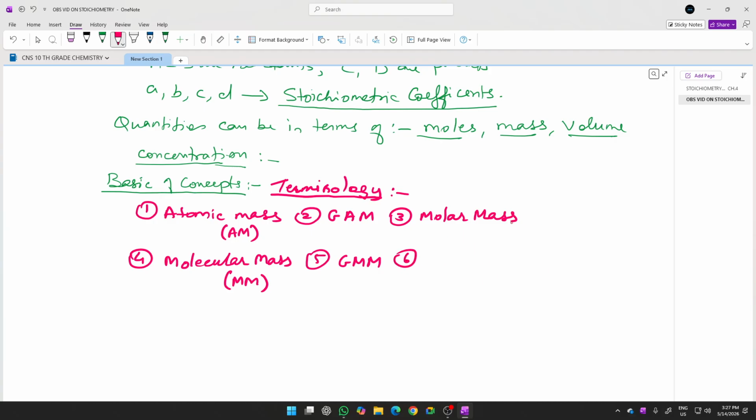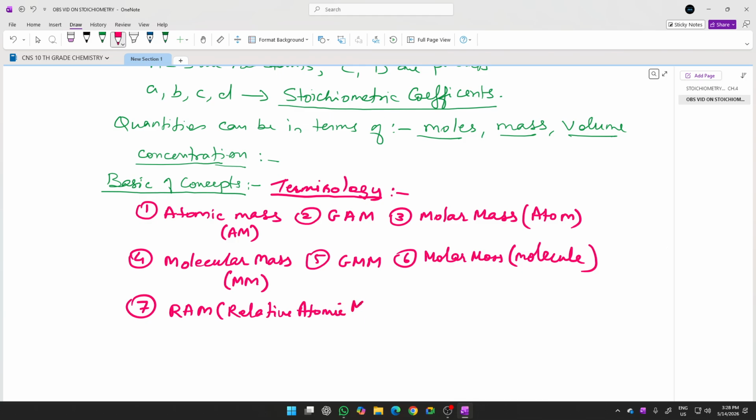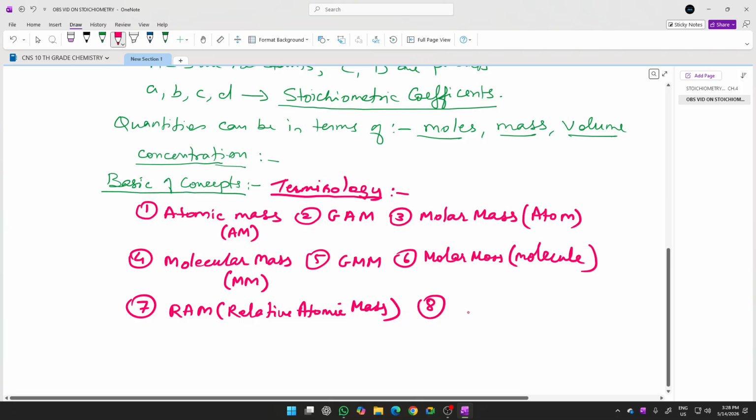Sixth is again molar mass, but this is the molar mass of a molecule. Seventh is RAM, relative atomic mass. Eighth is relative molecular mass, RMM.